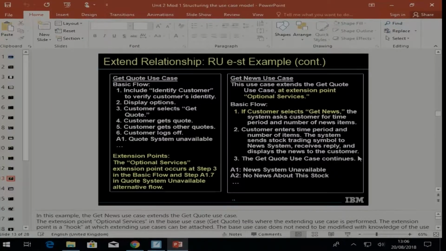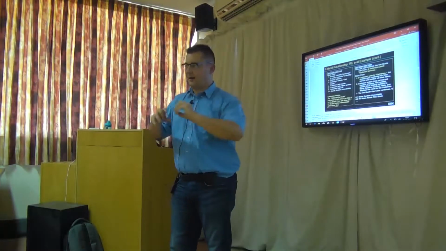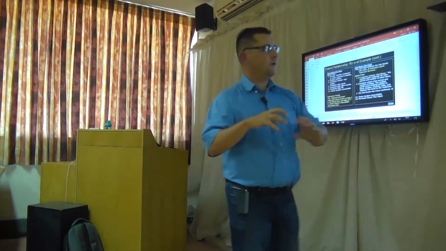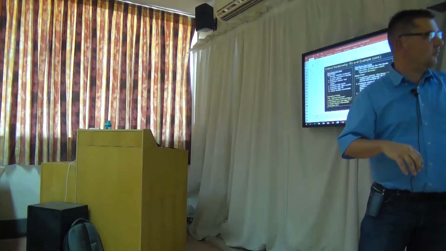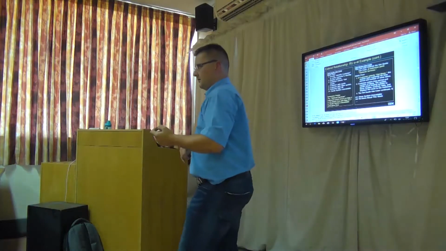So here they're showing to us just an example where we actually have an extension point, and in our base use case, it says to us, there's some optional feature which is being performed in another use case. So in our base use case, we would have had a point where this is then said to us, we are calling on some feature which is in another use case.